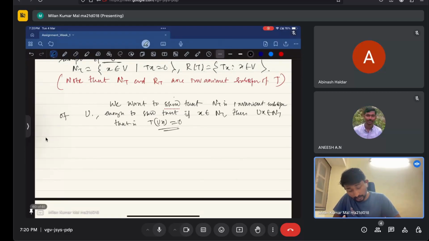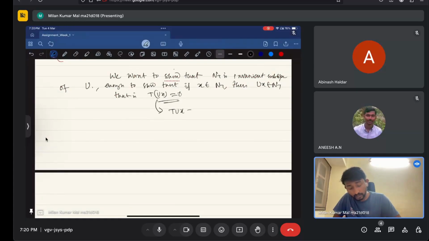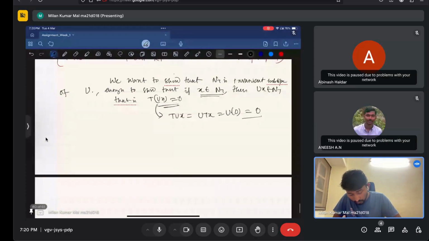And that is clear. Why? T of Ux equals U of Tx, because we know the commutativity of T and U. But x is in null space of T, that is Tx equals 0, so that is U of 0, and this equals 0 because U is a linear operator. A linear operator maps 0 to 0. Therefore this is done.